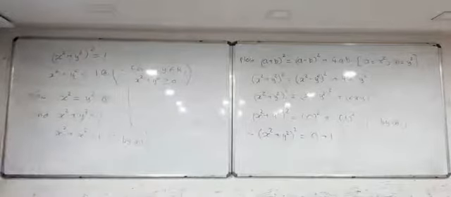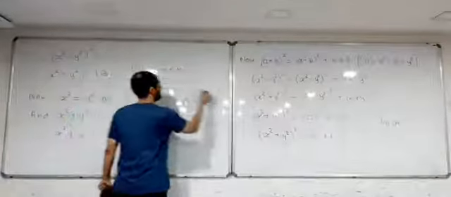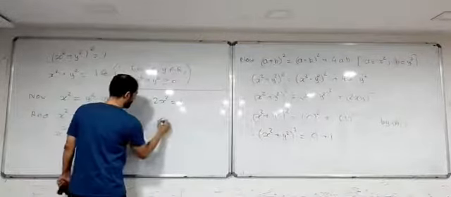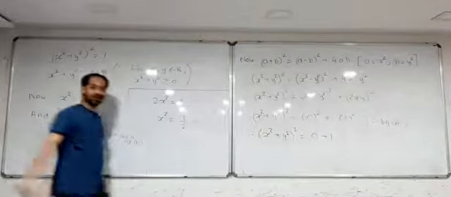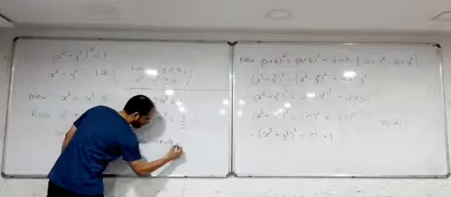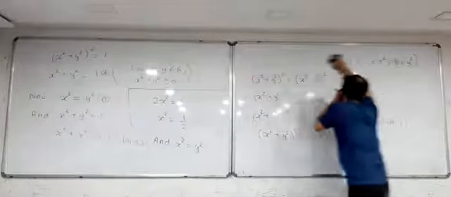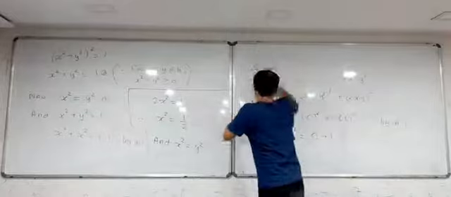x square plus x square कितना है? 2x square. 2x square is 1. So x square कितना आया? 1 by 2. y square is equal to x square, so y square कितना आया? 1 by 2. So x square is 1 by 2, y square is 1 by 2.